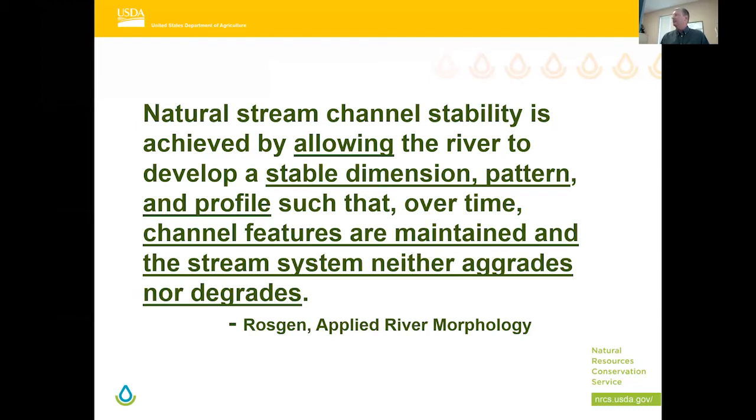Natural stream channel stability is achieved by allowing the river to develop a stable dimension, pattern, and profile, such that over time channel features are maintained and the stream system neither aggrades nor degrades. That's when a stream becomes in balance. And there are things we can do to help that along.